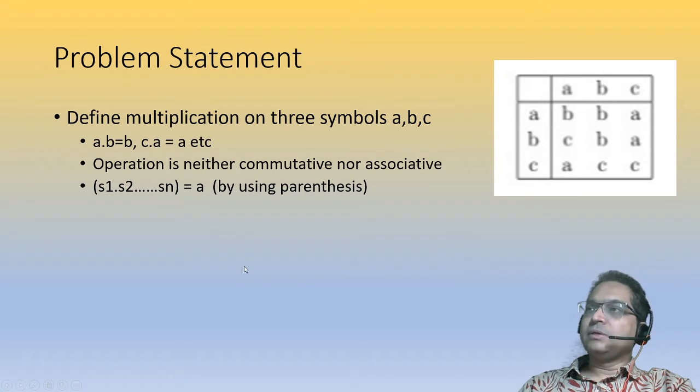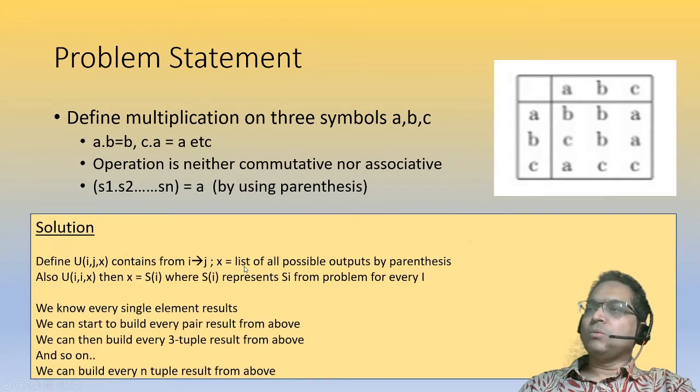So what is the idea behind this solution? The idea behind this solution is very similar to the chain matrix multiply solution. Now, what we can do is define this new matrix U i j of x, where this keeps the answers for if we go from i through j, what are the possible outcomes?